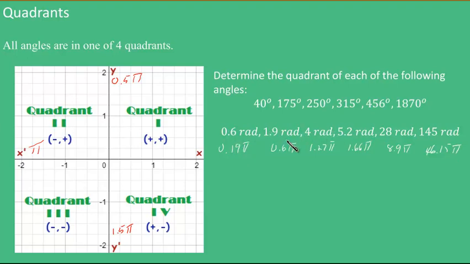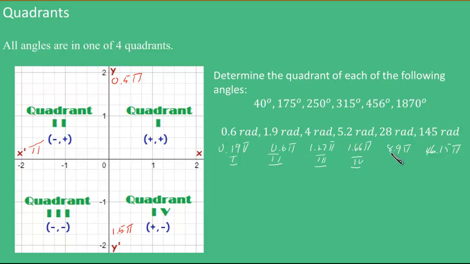So 0.19 pi obviously is going to be in the first quadrant because it's between 0 and 0.5 pi. 0.6 pi is between 0.5 pi and 1 pi, so it's going to be in the second quadrant. 1.27 pi is going to be between 1 and 1.5, so that will be in the third quadrant. 1.66 pi is between 1.5 and 2, so this will be in the fourth quadrant. 8.9 pi, 8 pi represents a complete set of revolutions.